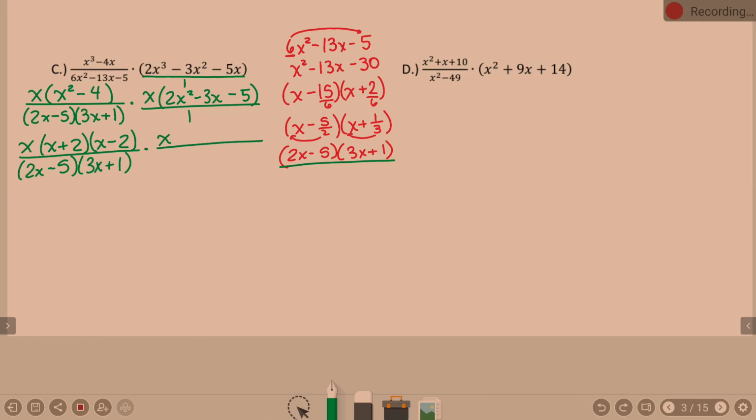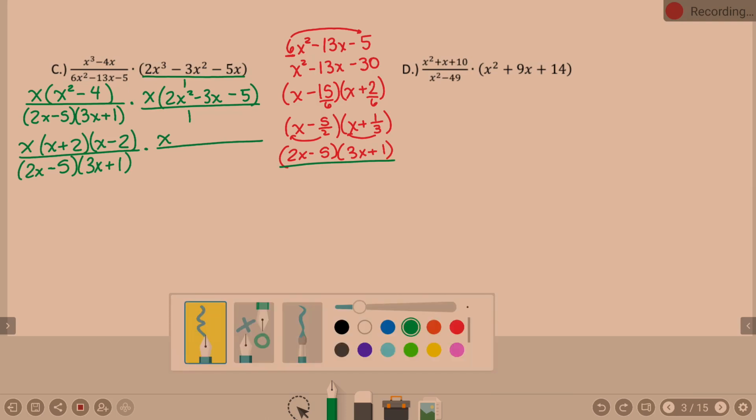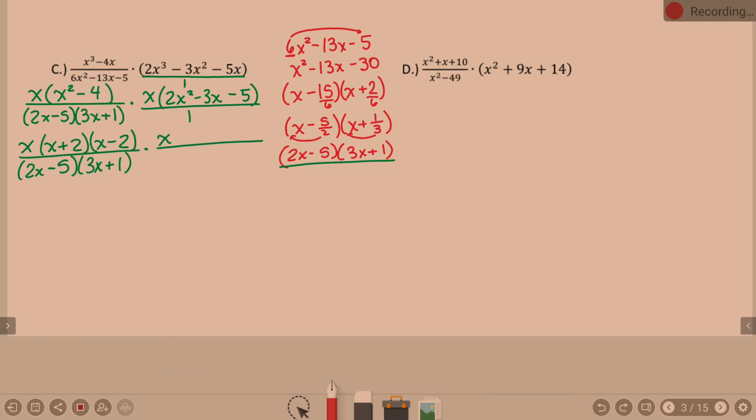So, let's bring it over to the side here. The 2x squared minus 3x minus 5. And let's slip and slide it. I'm going to slide the 2 over. So x squared minus 3x. 5 times 2 is minus 10.